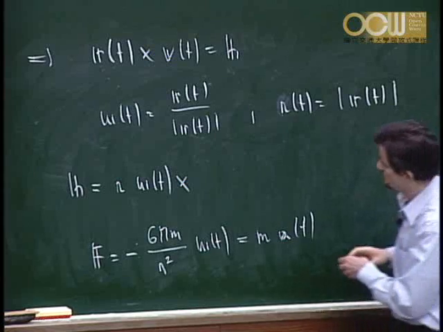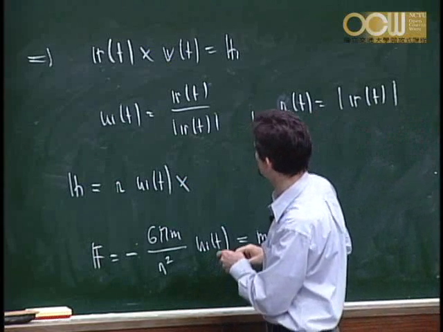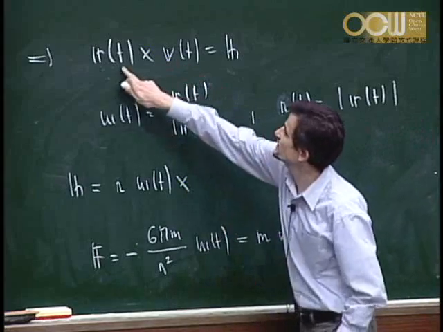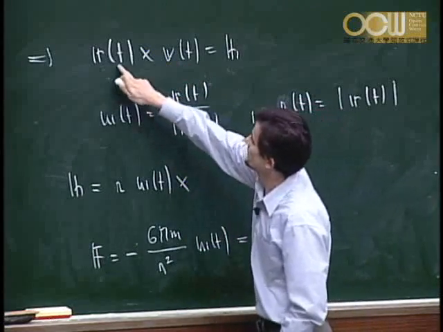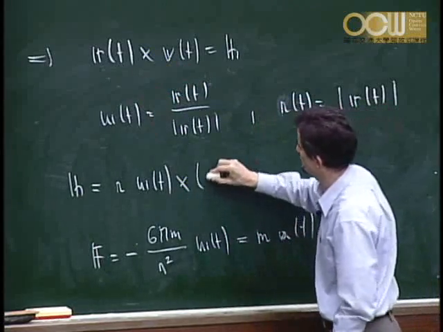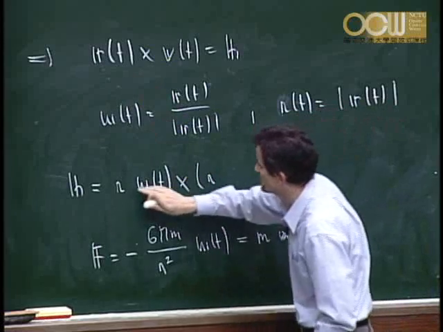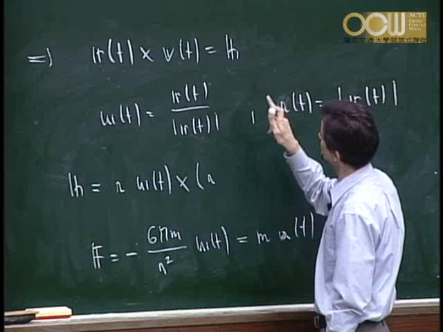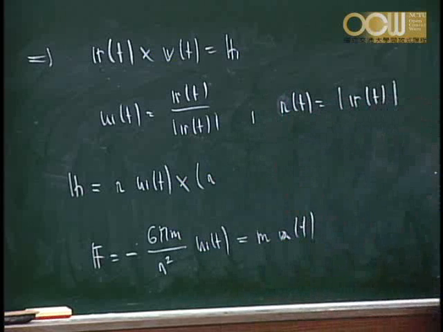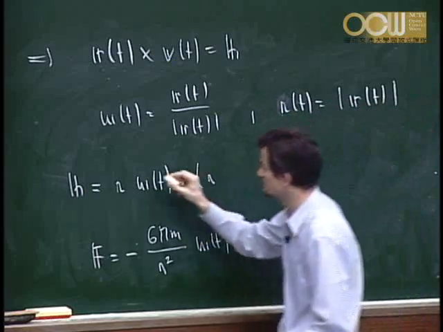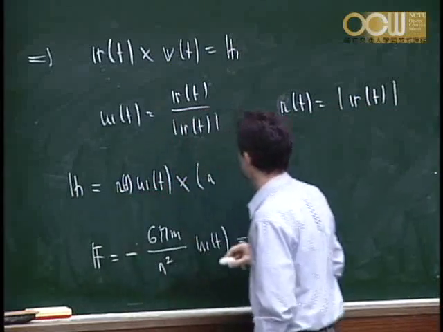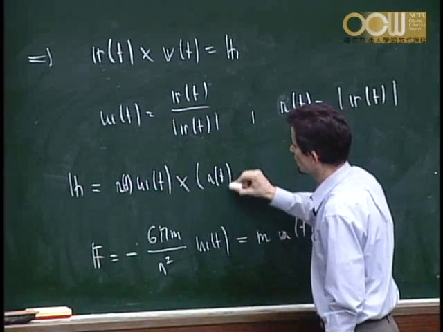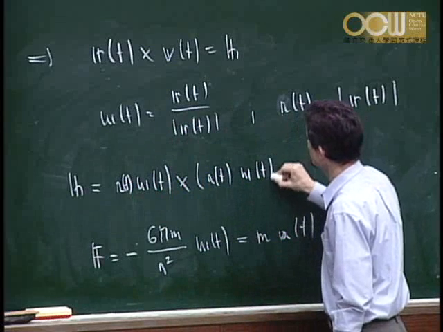Actually, I do not need this yet, but this is the derivative of this vector here. So I have here once more r of t times u of t, but the derivative. I'm not sure whether I should always write t, because sometimes the vector does not depend on t, but most of the time it does. Let's write it every time.